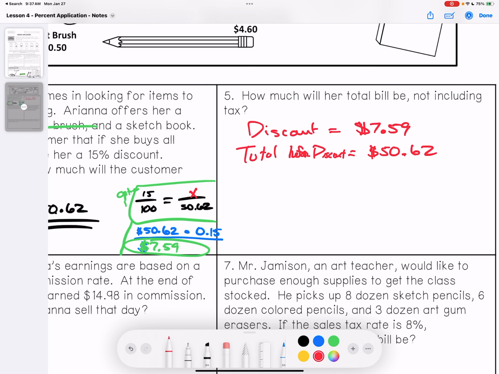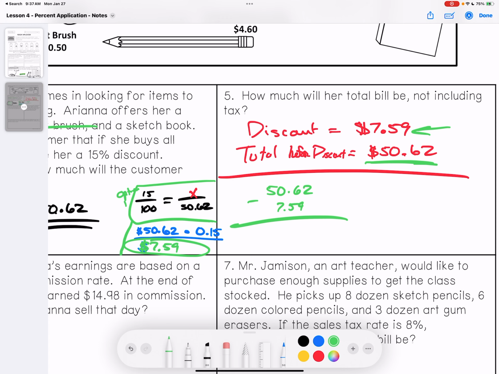How do we figure out what her price is now? We take the total minus what discount we're giving her, which is $7.59. So it's $50.62 minus $7.59. And the answer is going to be $43.03.